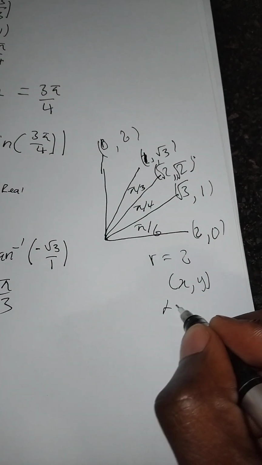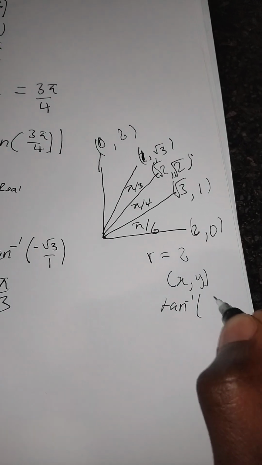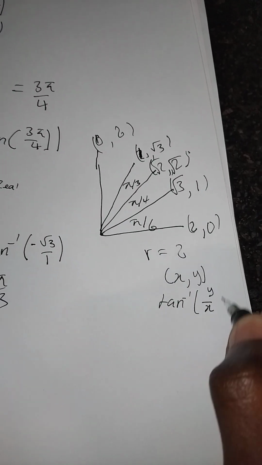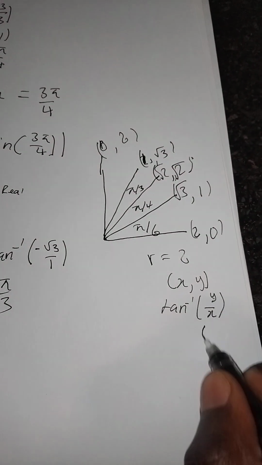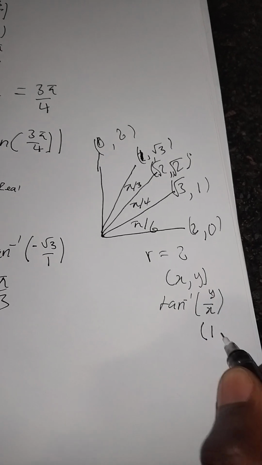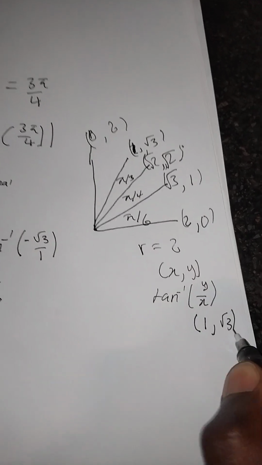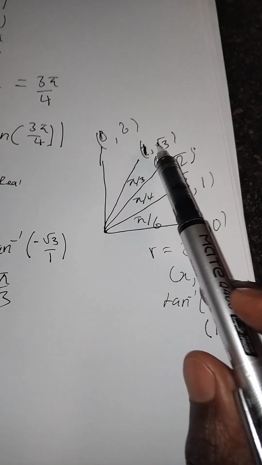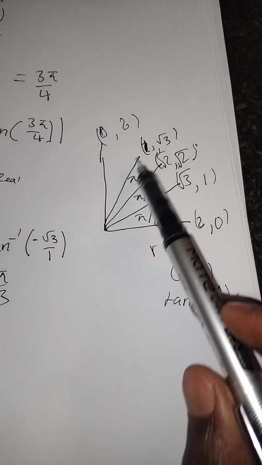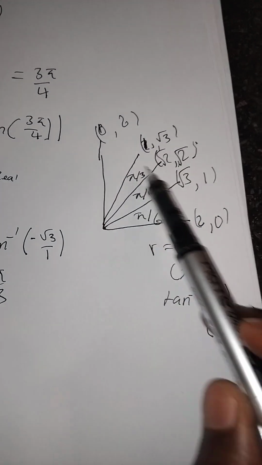So basically we have arctan of y over x. You look where your y is root 3 and your x is 1, so you look for the point 1 and root 3, just like that. Where is that? 1 and root 3 is this one. So you come here and say okay, this one goes with this angle.